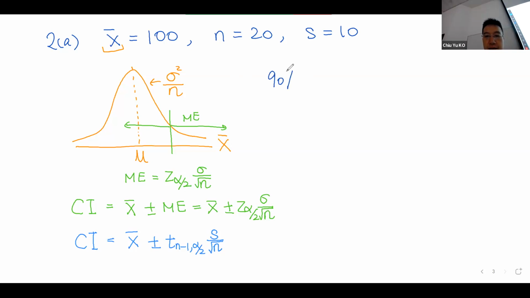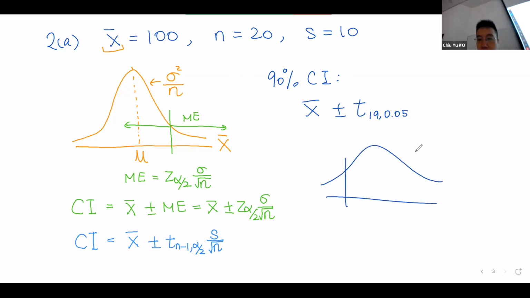The 90 percent CI will be X bar plus minus T, where n is 19. In the middle is 0.9, so what's left is 0.1, so it's 0.05 here and 0.05 here.